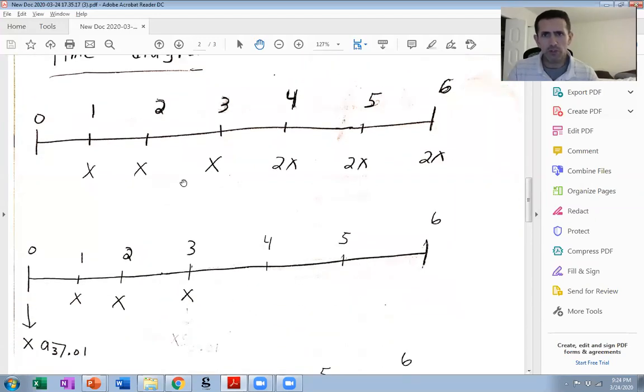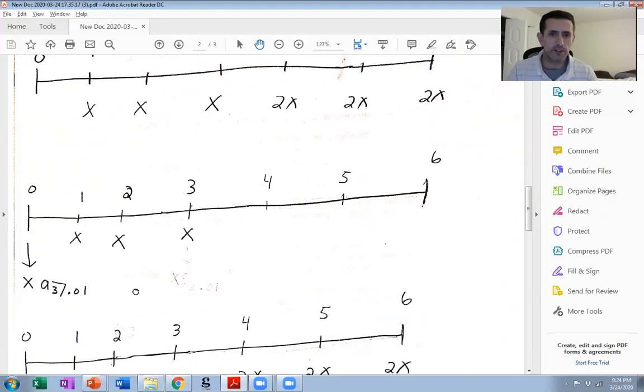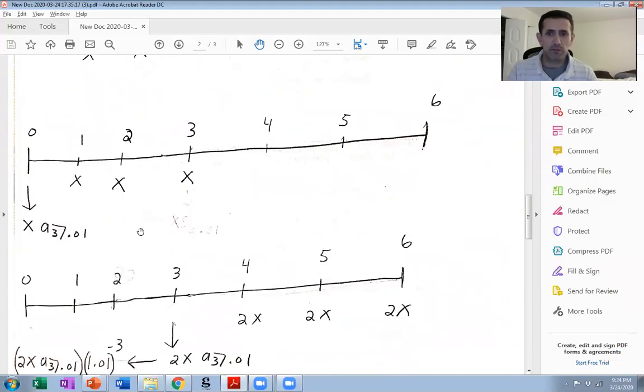So these are 2 different payments. We have to break it up into an annuity, one involving these 3 payments, which the present value is just X a-angle-3 at 0.01. This is just an annuity, 3 payments of X, monthly interest is 0.01. Basically the same thing here.